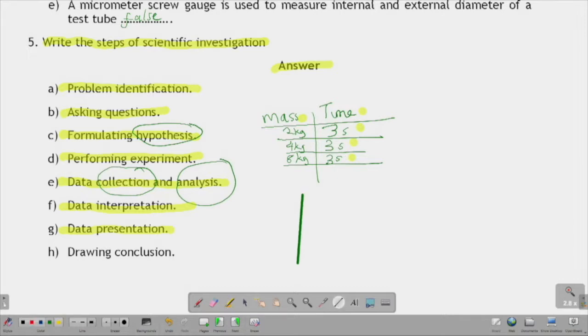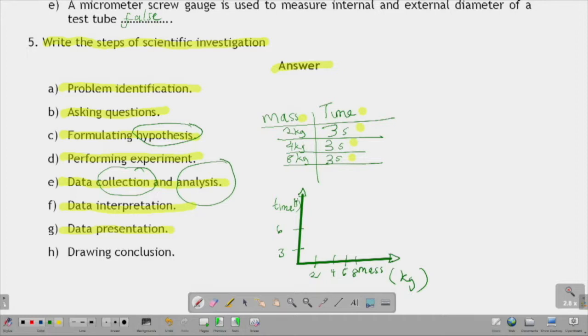So maybe I could plot my graph of time against mass. I could plot my graph here of time against mass. So here, let's say this is 3 seconds, this is 6 seconds, and here this was 2, this was 4, this is 6, and this is 8 kilograms. Mass here we have in kilogram, and our time here we have in seconds.